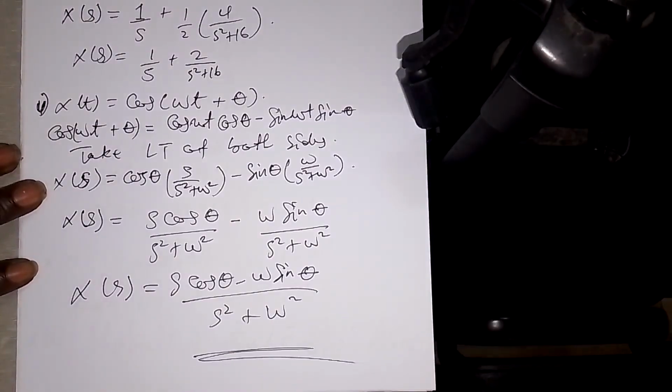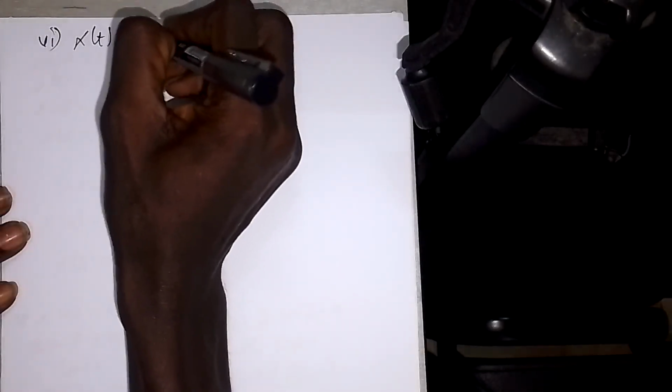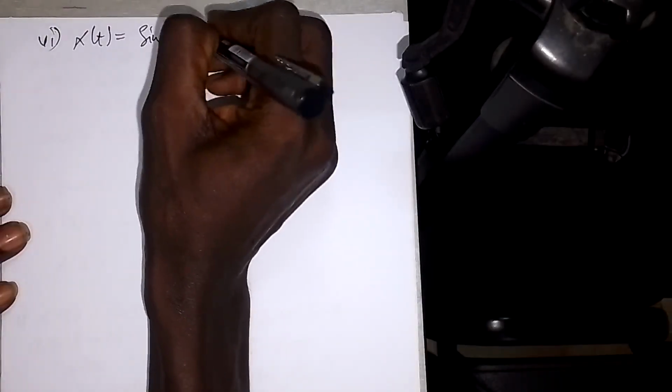So now, let's see the last part of this set of questions, which is number 6, which is VI. We're going to have x of t equals sine of omega t plus theta.